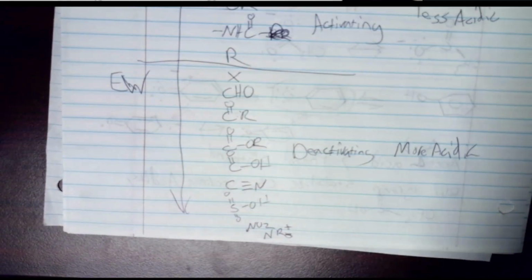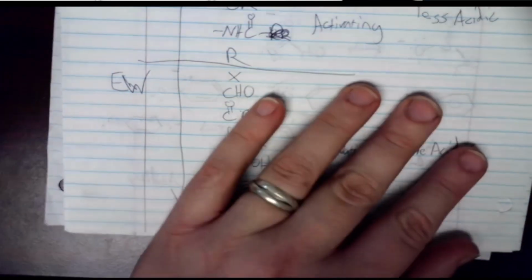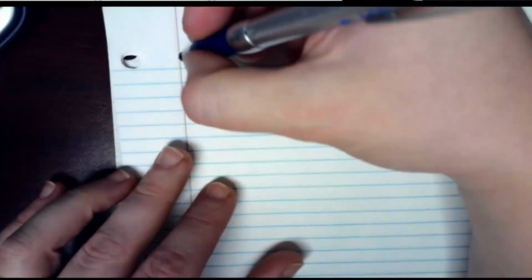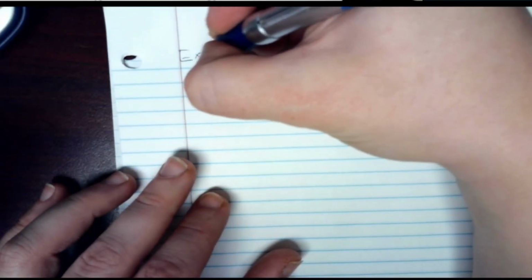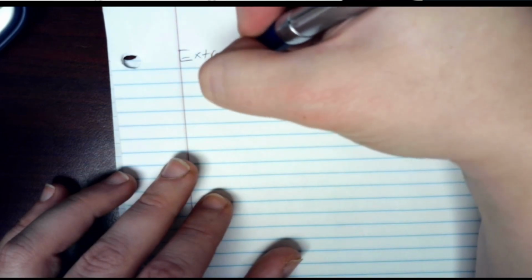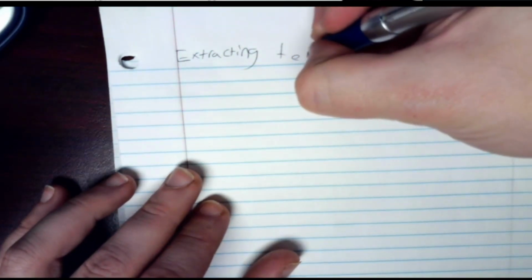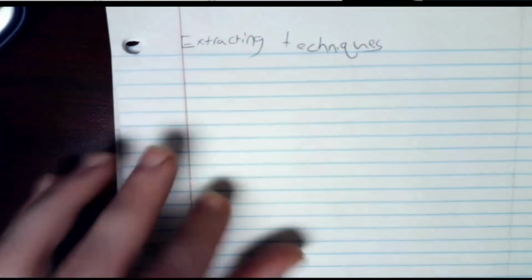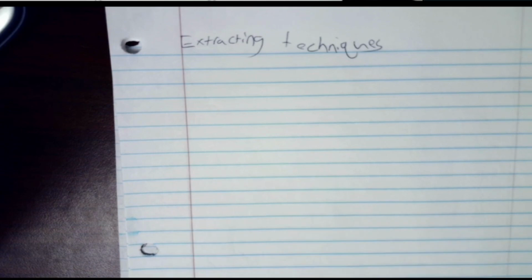Now, with that in mind, knowing that we have a group present that is acidic, and we can deprotonate it, there's an extraction technique we will often use. If you have a carboxylic acid, we can use an extraction technique to remove our acids from our solution very easily.